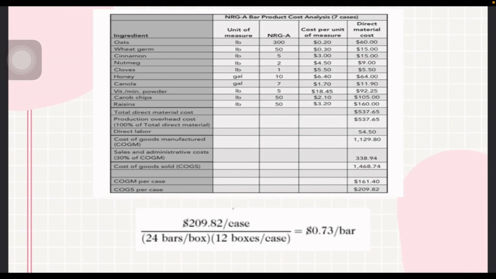To get this, we divide the COGS per case, which is $209.82, by the 24 bars, divided by the 12 boxes, so it is equal to $0.73. Based on this calculation, we can see that Fitter can sell the bars at $0.90 and make a profit of $0.17 per bar.